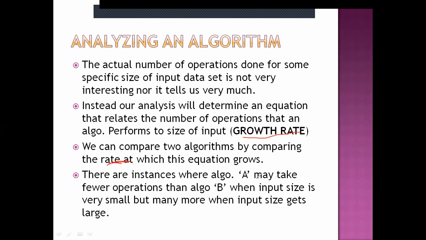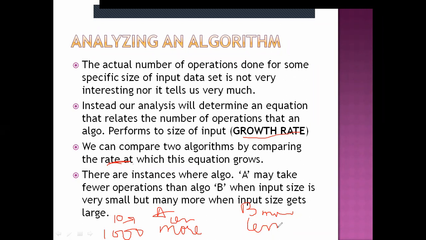Why are we finding the growth rate? Because there may be some instances, suppose you take two algorithms, A and B. It may happen that when the input size is 10 elements, A will take less time and B will take more time. But when the elements increase, suppose to 1,000, algorithm A may take more time and B may take less time.